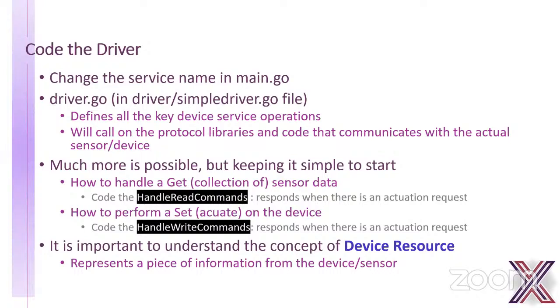But you may have a sensor device that has just thousands of device resources. Each piece of information you're trying to get from your sensor device is considered a device resource. So inside this driver, we need to code that information about, through the protocol of choice, how you get that device resource either get or set inside of the EdgeX device service. That'll become more clear here as we take a look at our example in just a second.